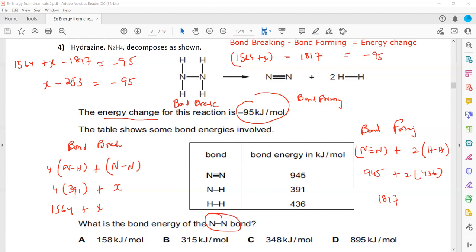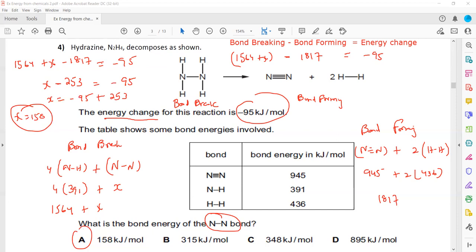This is minus 253, it is subtracted, so when it moves to the other side, it will be added. So X is equal to minus 95 plus 253, that will give us the value of X equal to 158. So that's why A will be the right answer.